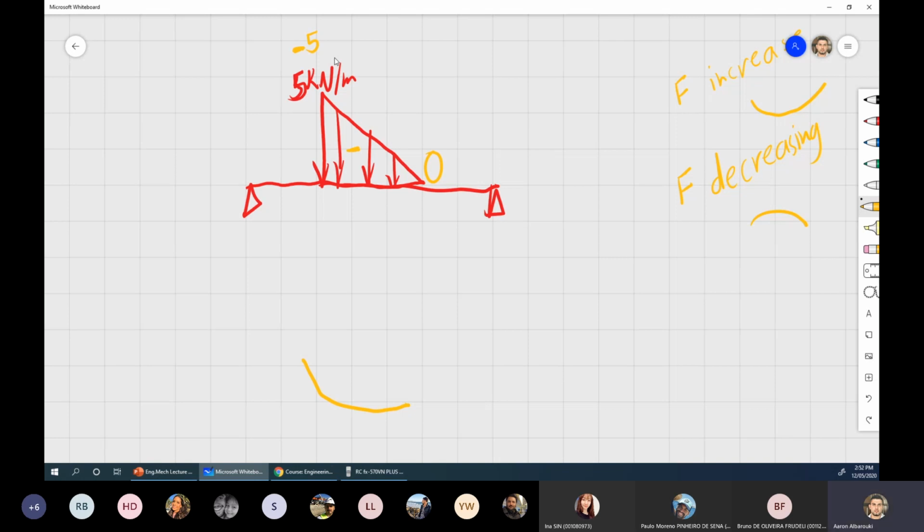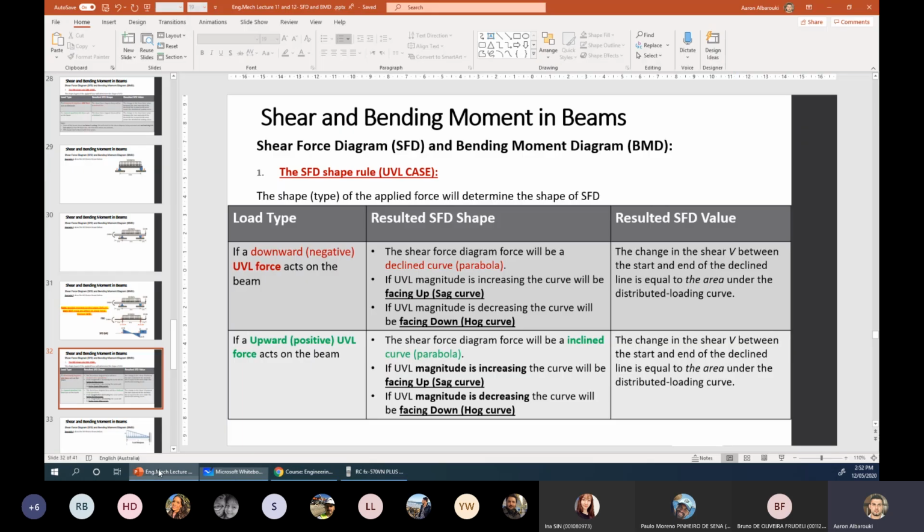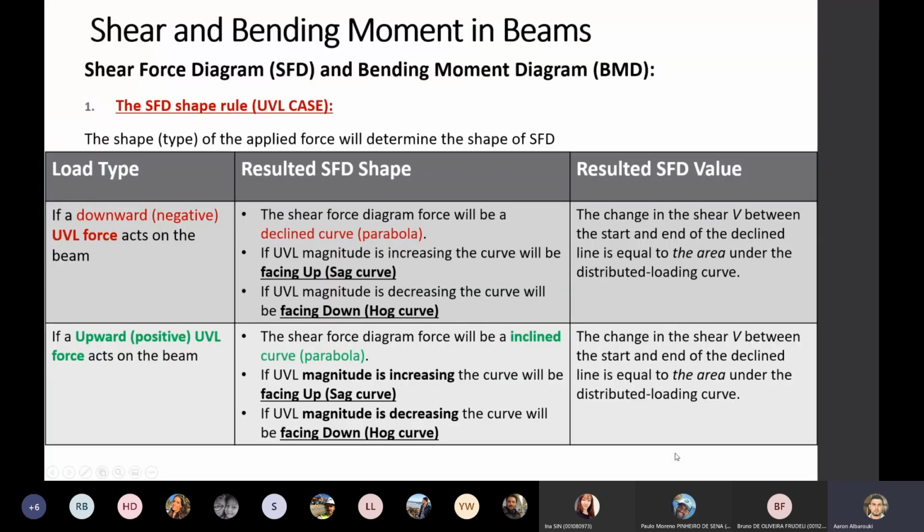Let's read the rules to start with about this, and then we take some example. Hopefully that will clarify things for us. So again, the same as the UDL, if we have a UVL, uniformly varying load, acting downward, that means negative. Negative will tell us direction.